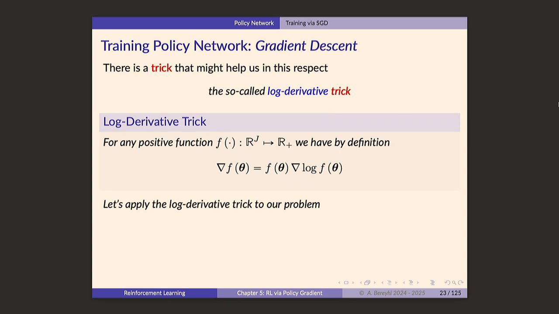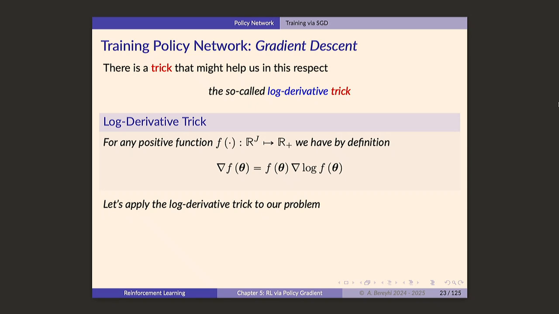If you have a function of parameters theta, then the gradient of that function is the function itself times the gradient of its log. And you can guess why I'm looking for log. One basic reason is that my f is a multiplication of lots of pi terms, and if I take log, it's going to be a summation. But this is not the only reason.